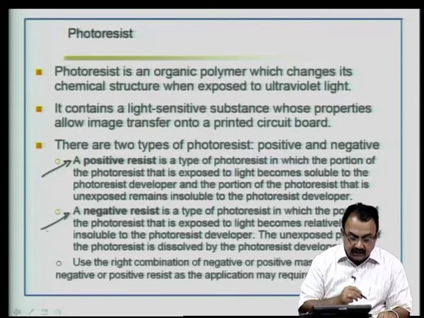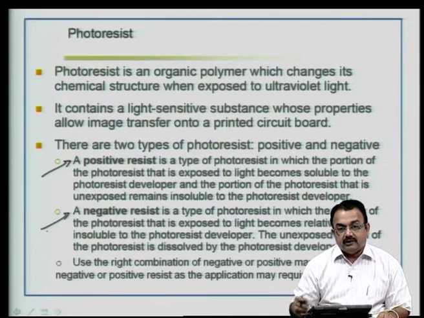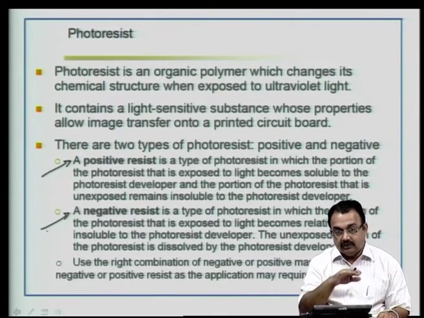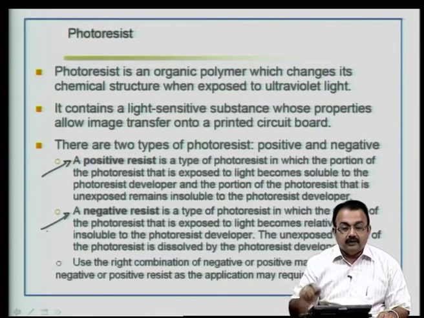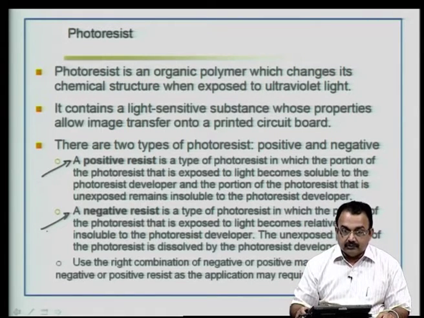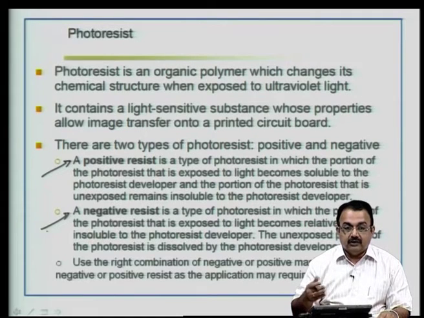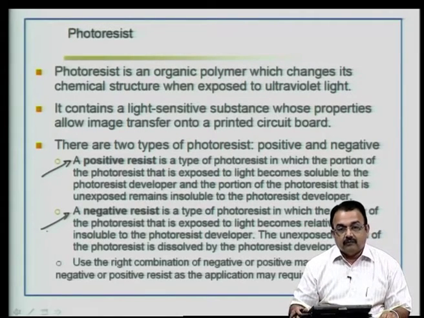In the case of negative photoresist, after applying a mask and UV light, the areas that are exposed to UV light become insoluble to the developer. So, there is a different set of chemical reactions that takes place compared to the first one, the positive photoresist.